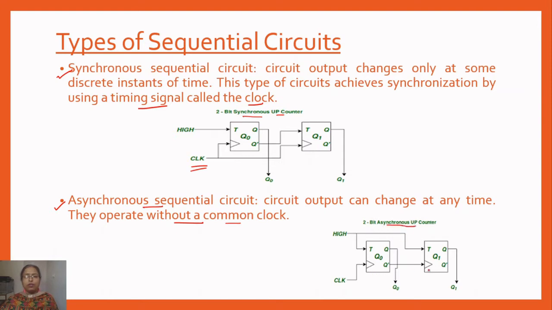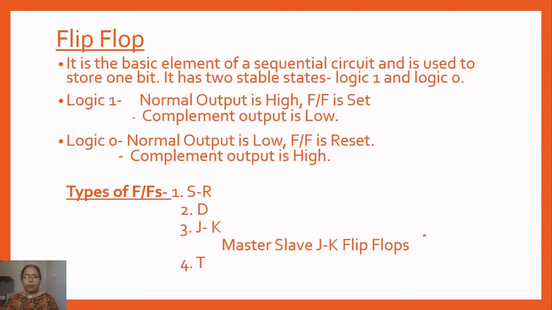The working of the first flip-flop is dependent on the clock, whereas for the second flip-flop the clock is provided by the complemented output of the first flip-flop. So the clock is not common to both the blocks in this asynchronous up counter.